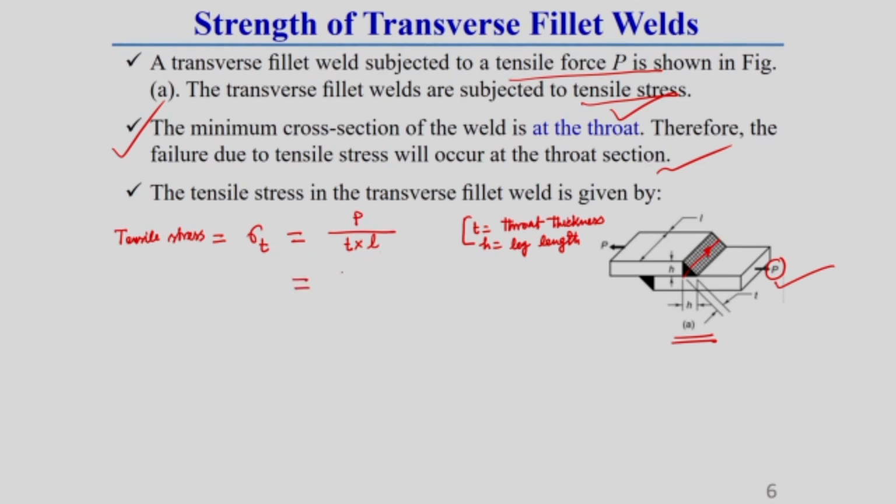So, here we know this throat thickness we are representing in terms of leg length. T will be written as 0.707 H. This calculation I have already shown. So, in terms of leg length we can write 0.707 H into L, correct.